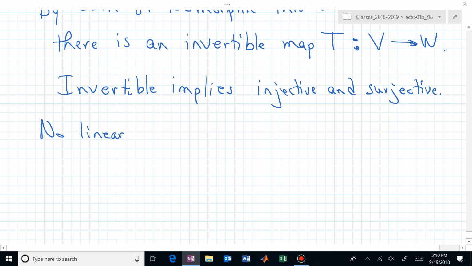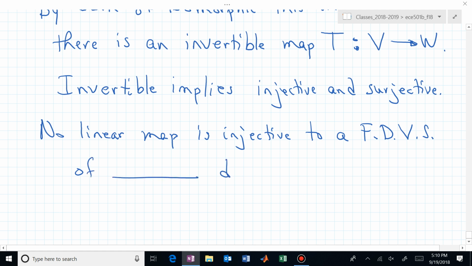And now what do we know? Well, no linear map is injective to a finite dimensional vector space of blank dimension. And now we have two choices, right?